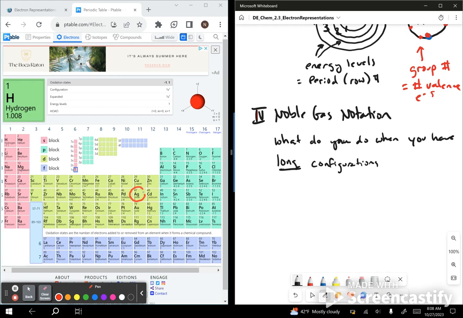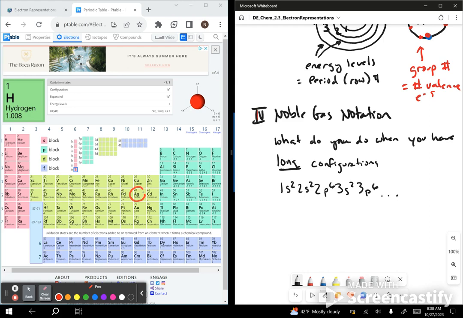Do I really want to write down 1s2, 2s2, 2p6, 3s2, 3p6. So how many do I have? 2, 4, 10, 11, 12. That's 18 electrons so far, and I got to do 47 electrons. That's going to take me forever.